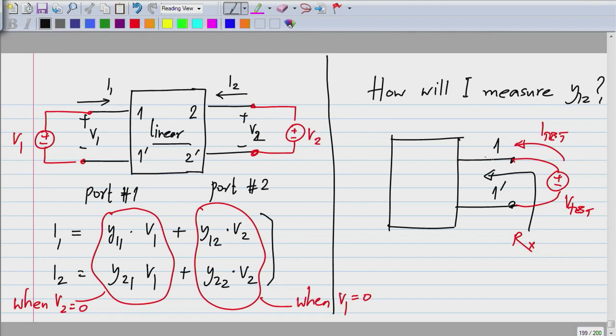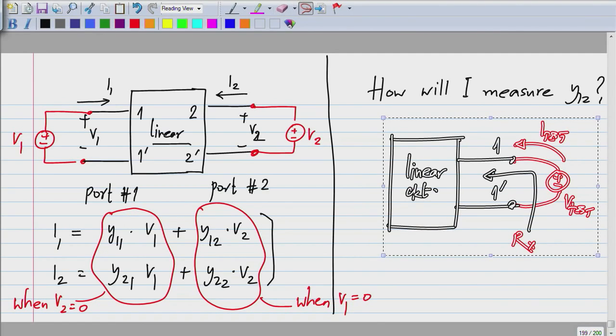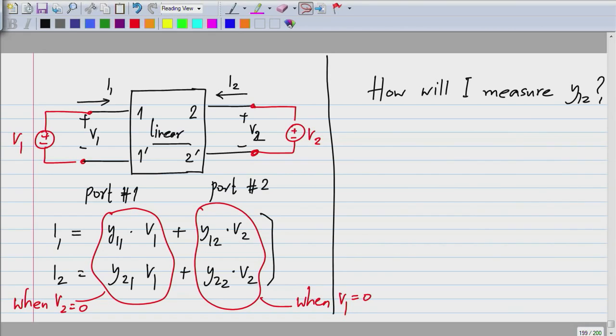Similarly, now in this case, I want to measure Y12. What should I do? What is it that I can do to measure the value of Y12? So in general, to measure any of these things, you have to set some voltages to 0 and apply only one voltage.